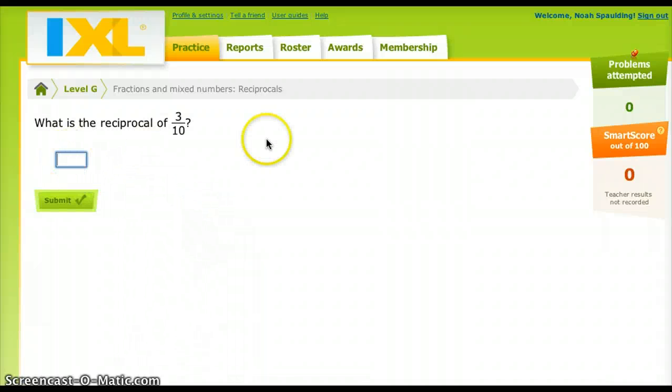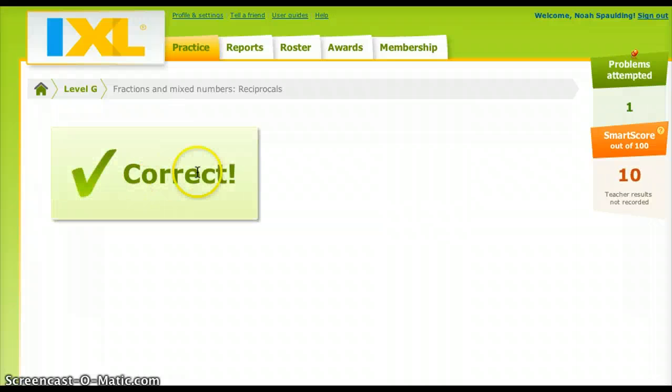What is the reciprocal of 3/10? Now, a reciprocal is basically flipping over a fraction. So in this case, it is 10 over 3, and we would use the front slash. Let's see if that is correct.